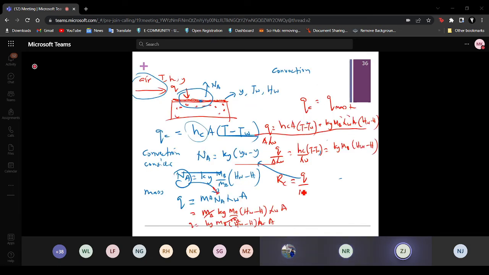Q equal to A latent heat at wet bulb. So it depends on the info that you get. If the info involves the heat transfer coefficient, then you can get RC using the equation RC equal to HC over latent heat times (T minus TW). So this is one equation, involving heat transfer.